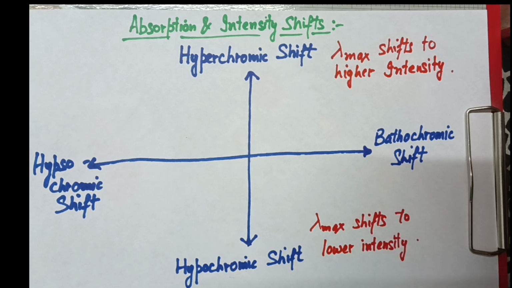Now talking about bathochromic and hypsochromic shift. In bathochromic shift, lambda max shifts towards longer wavelength.